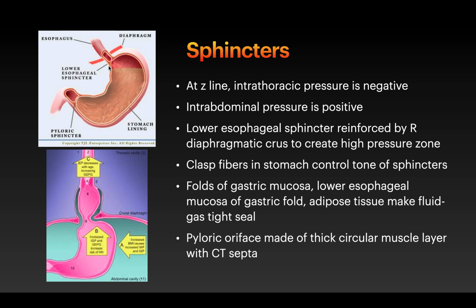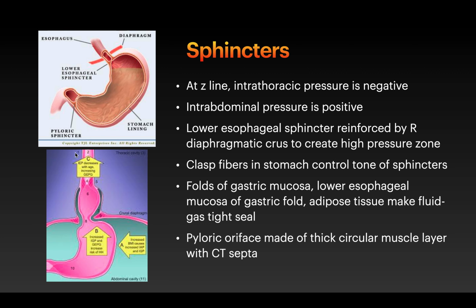So in the stomach, there's these things called clasp fibers, and those will control the tone of the sphincters. They are affected in women who are pregnant. These will relax a little bit and cause acid reflux. So the folds of the gastric mucosa, the lower esophageal mucosa of the gastric fold, and the adipose tissue will make the seal.